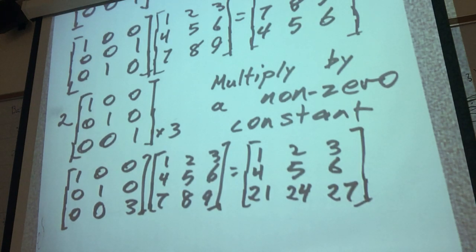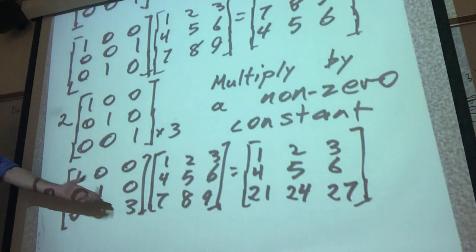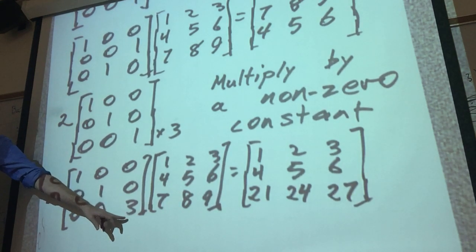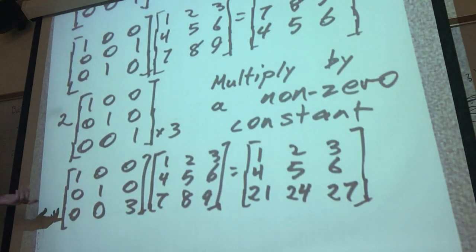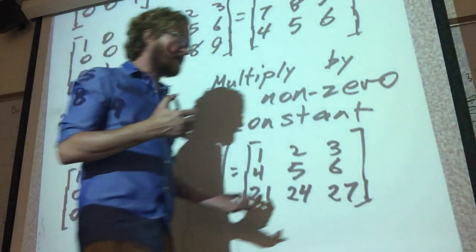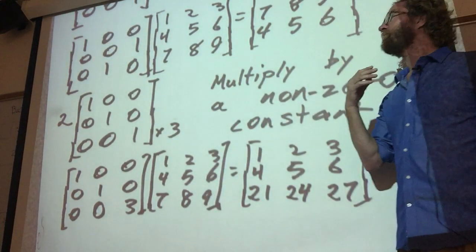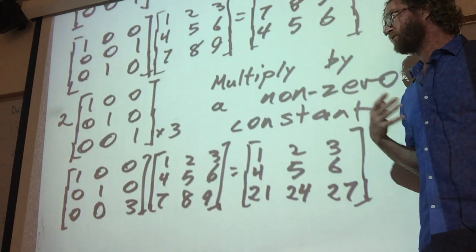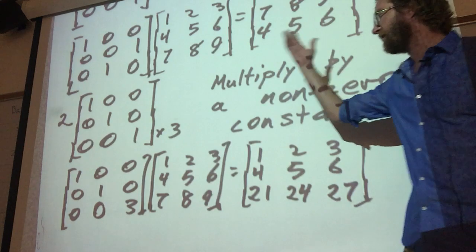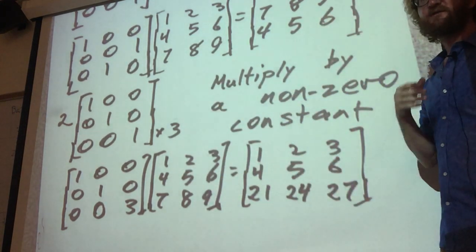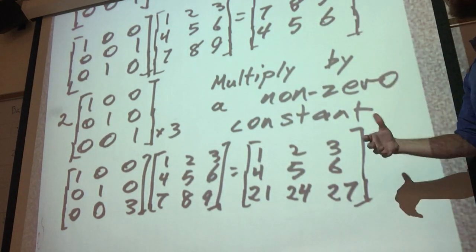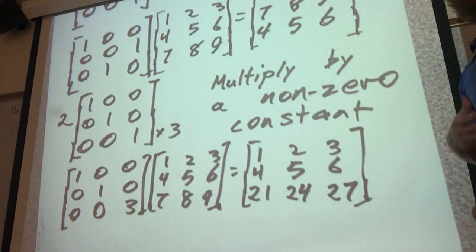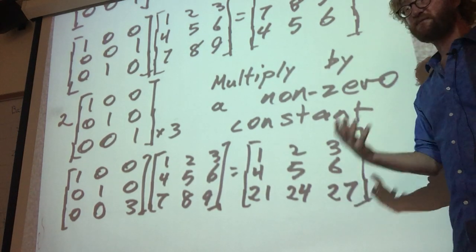So what does this do? It puts a non-zero constant into the diagonal. And what does the elementary matrix operation do? We did an elementary operation on the identity matrix, multiplying by 3. That's going to perform that operation onto any matrix that is the same size.